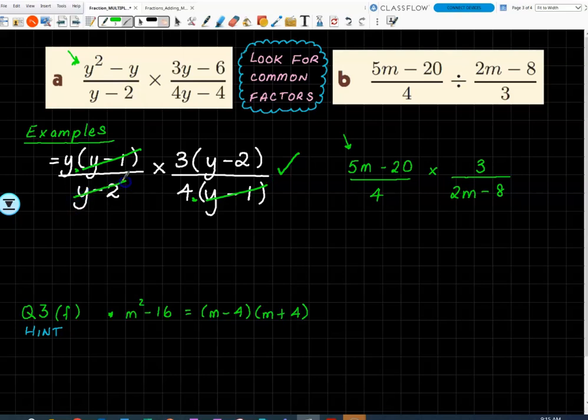The y take 2, because technically there is a bracket around that, and this y take 2. Now imagine if you didn't ask yourself, can I factorise it first? You're trying to times all of this by the top and times the denominator. That's disgusting. So always make sure, look for your common factors, see if you can cancel, and then you can take it from there.